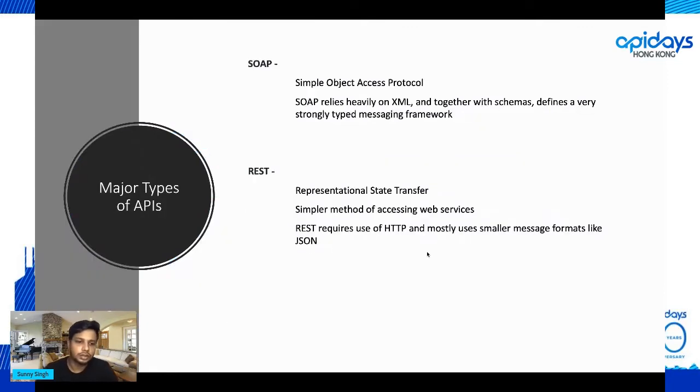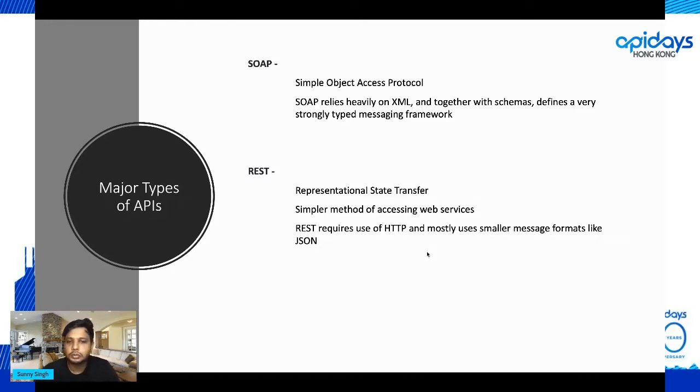Next, we're going to see the major types of APIs being used nowadays. I would say SOAP is not that much used. It was used some time back, and REST is what is used nowadays in almost every application.